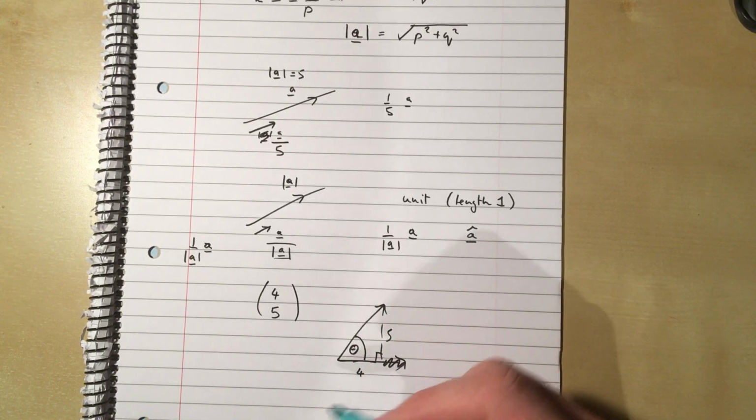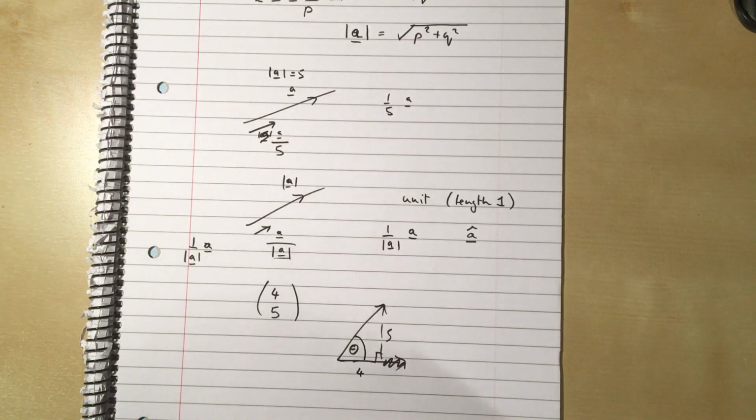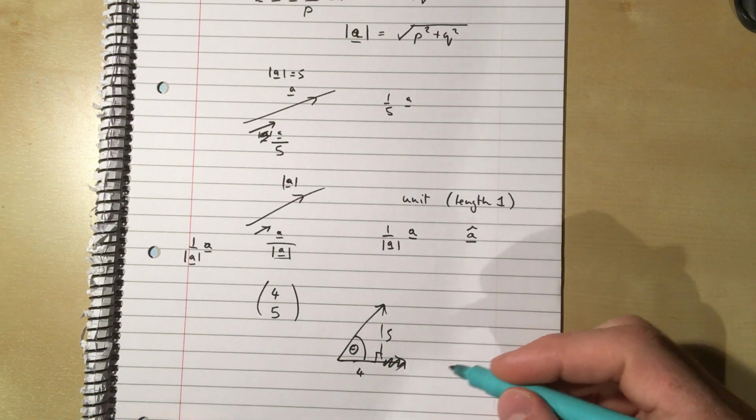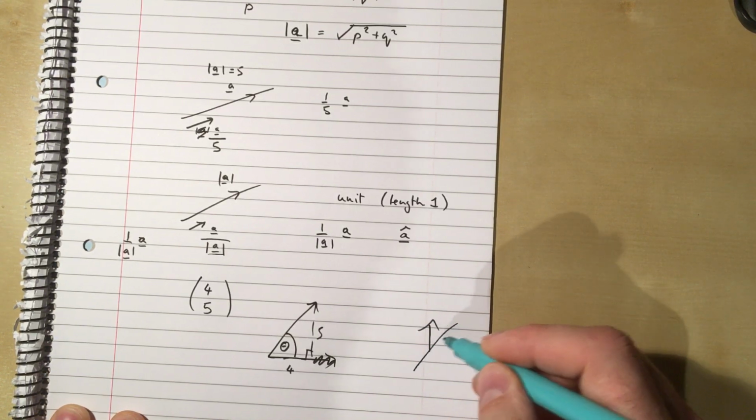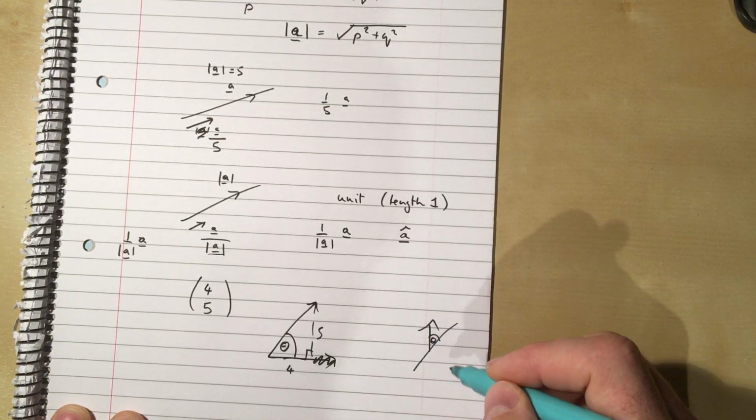So the direction, there's no standard, it will be an angle. Sometimes it'll be an angle to the horizontal, sometimes it'll be an angle to the vertical. Often they'll ask you for bearings, so you'll be looking at a bird's eye view. North will be sort of the positive y-axis, and they're asking you for the bearing of the vector, so it'll be that angle there that you're looking for.